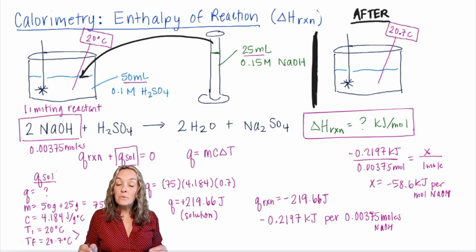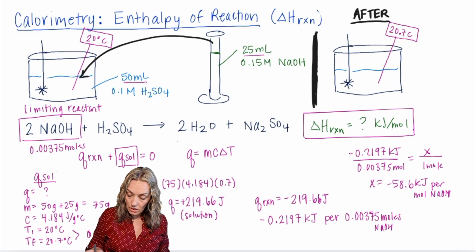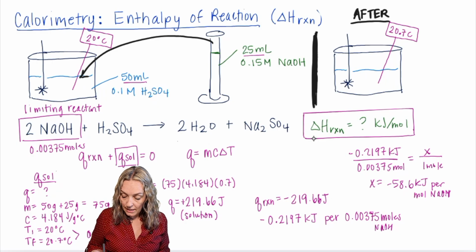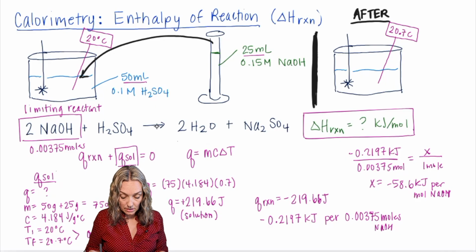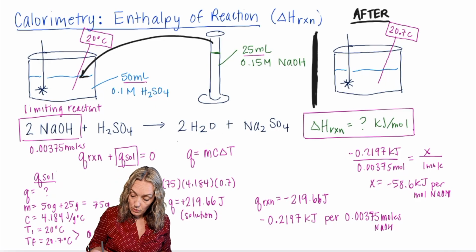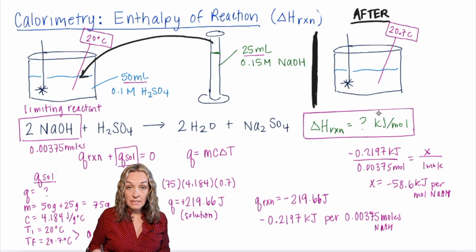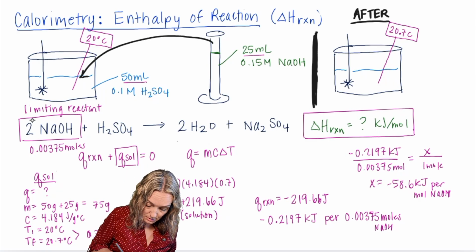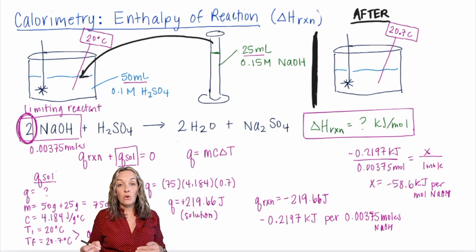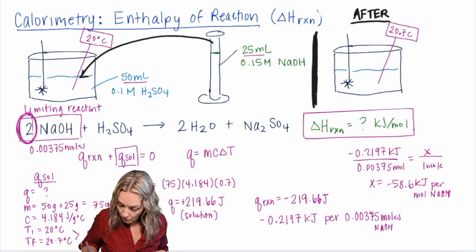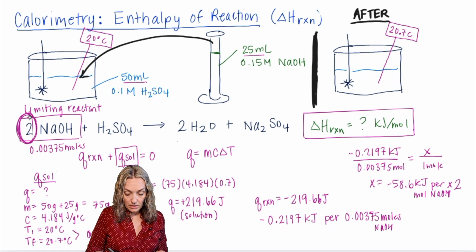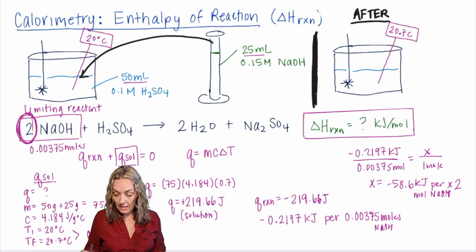Now, when you're done, you always want to go back and check your balanced equation. This delta H of the reaction should reflect the balanced equation that you have here. So if we want this to reflect the balanced equation, we have to remember that this balanced equation shows us 2 moles of NaOH. So we are going to need to multiply this value by 2 in order to reflect the 2 in front of the NaOH.